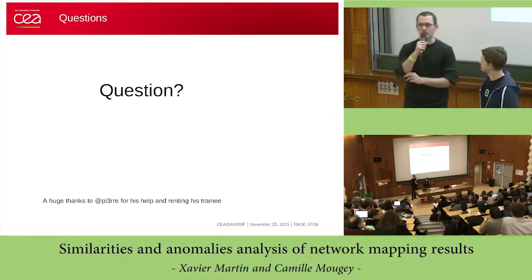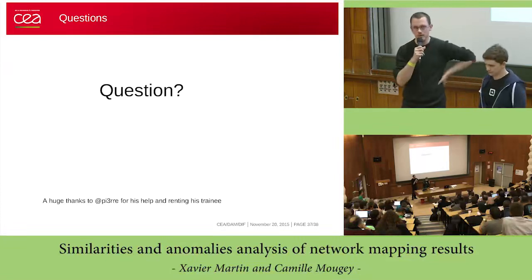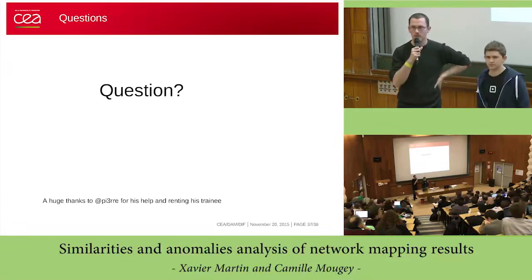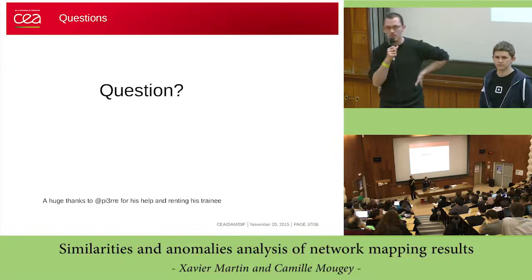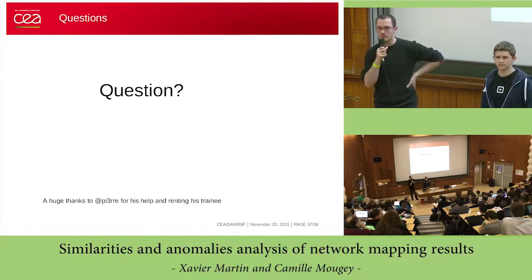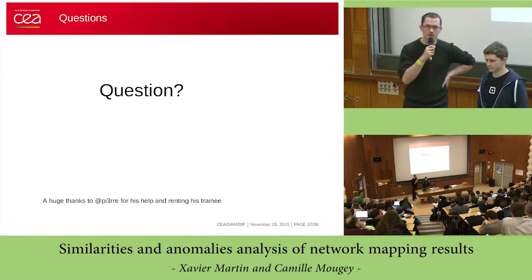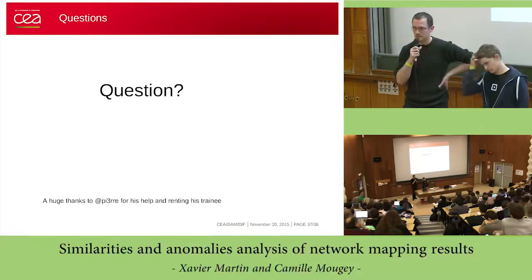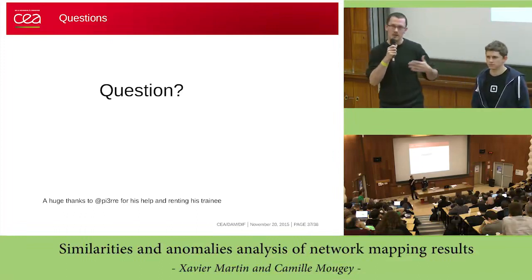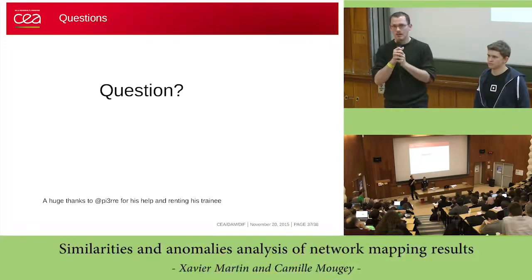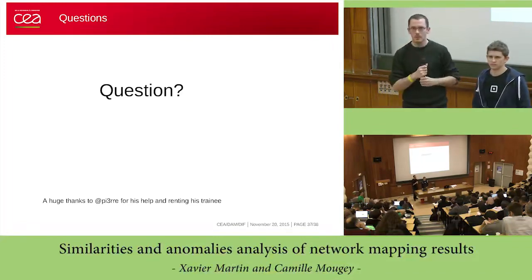Yeah, it might be possible, but to achieve that, a good way would be to manually label the clusters first and say, okay, port 80 is most of the time web servers. If it's linked to 443, it's most of the time an HTTPS and HTTP server. But if you do that, you won't be able to spot anomalies easily like we did before. Okay, thanks.